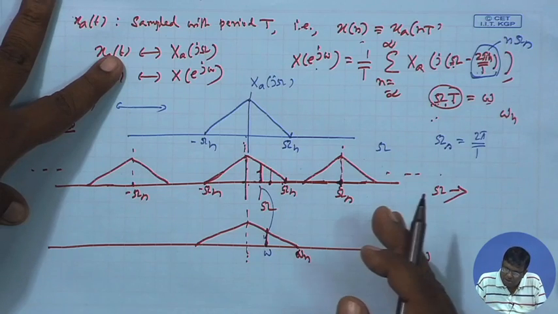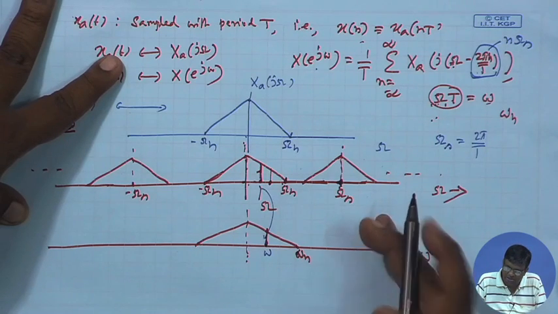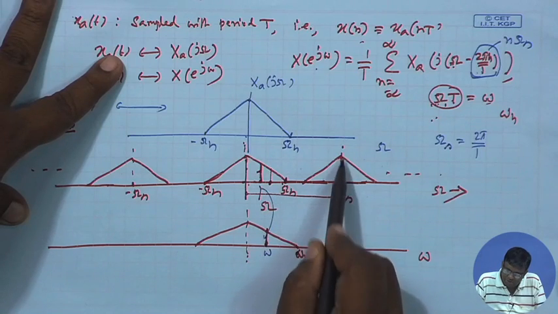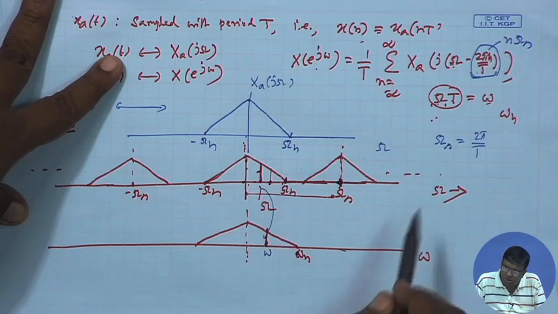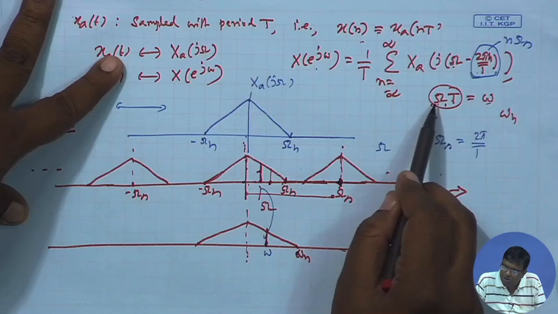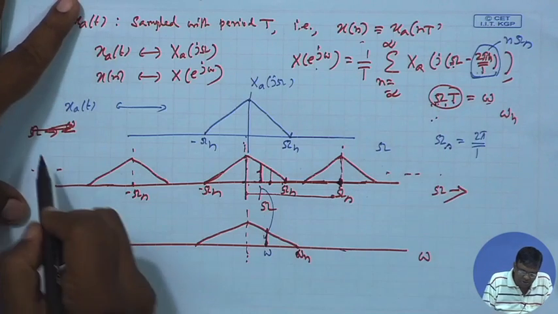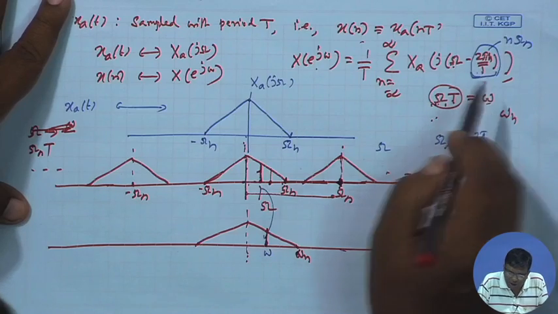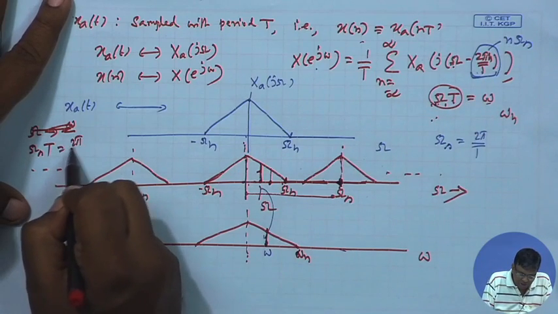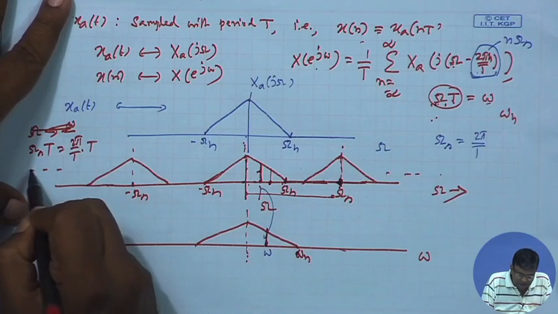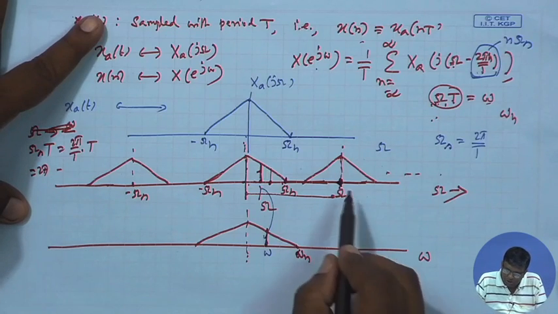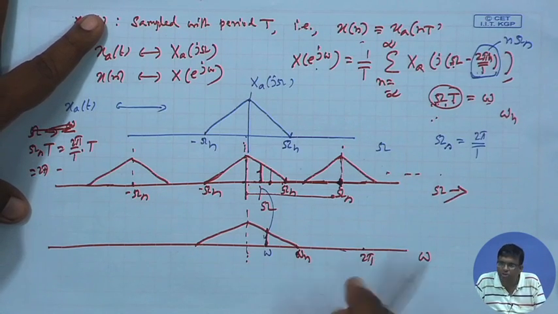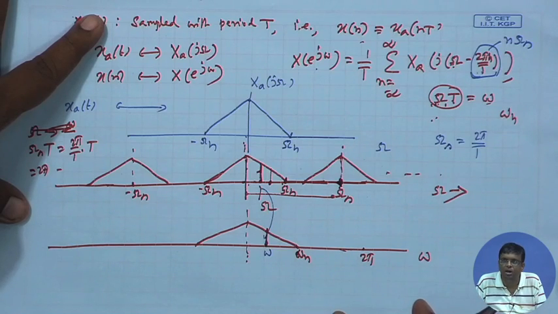Now, one very important thing here to see is this capital omega s. This value will then move to what digital frequency? Capital omega s into T, but capital omega s is 2 pi by T. So, 2 pi by T into T, T cancels, 2 pi radian. So, this will always move to 2 pi radian, and it is independent of the sampling period T you have applied.